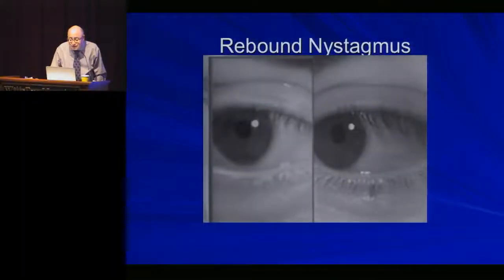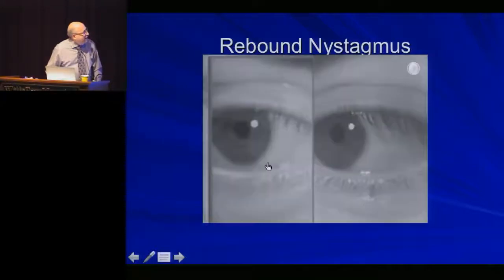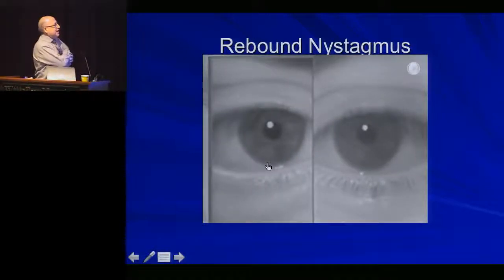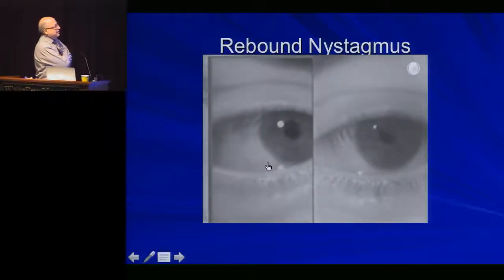So it beats to the right in right gaze. Now click it. I'm on it. Terrific. All right. Beats to the right in right gaze. Initially in primary position, there was no nystagmus. Come back. Now beats to the left. Go to the left. It will beat to the left. Come back to primary position.